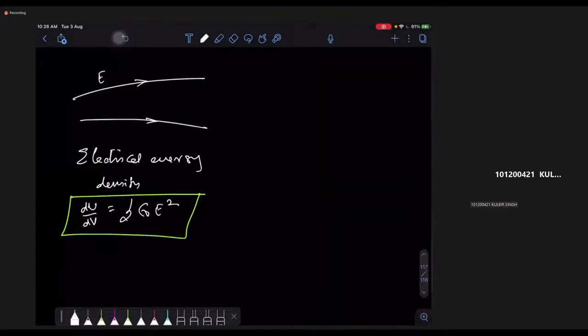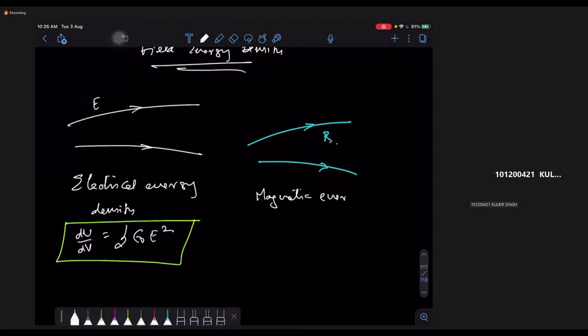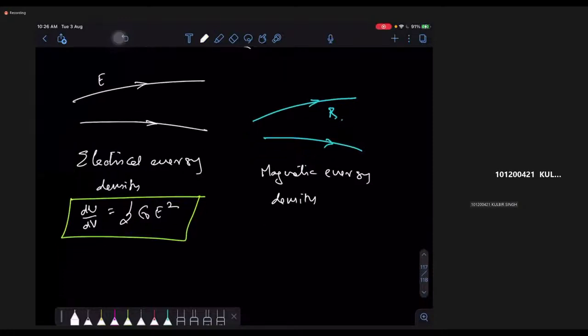In the same way, if we have a magnetic field, in the magnetic field also energy is stored, and that's called the magnetic energy density. This magnetic energy density means energy per unit volume.